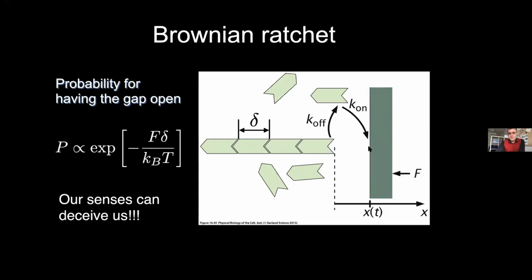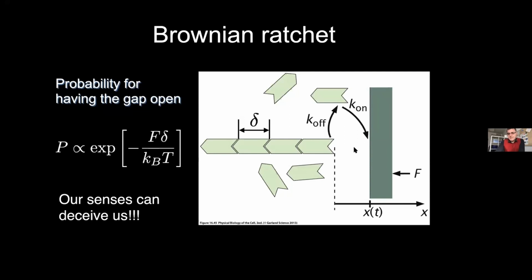In our macroscopic life, we would say, yes, there is a force pushing against some barrier and nothing can get in between. However, here, if we have this pushing force, we also have thermal fluctuations. We have thermal forces, and these thermal forces can make a gap between the barrier and the microtubule end. And how big an energy is necessary for opening this gap?